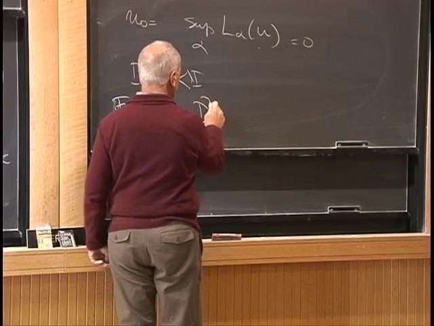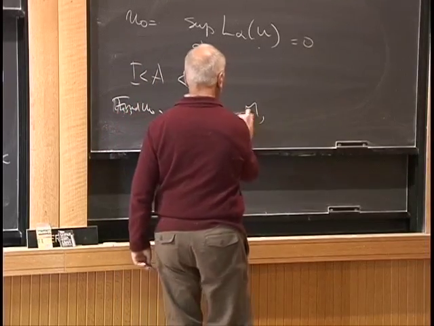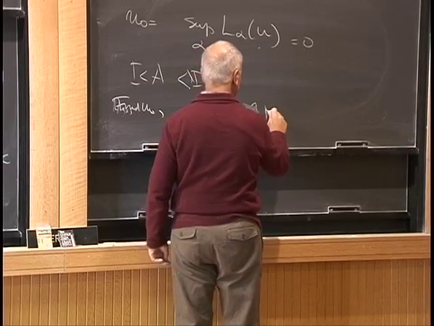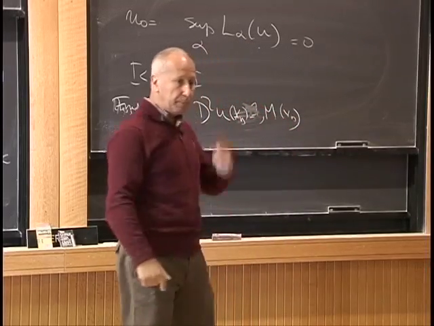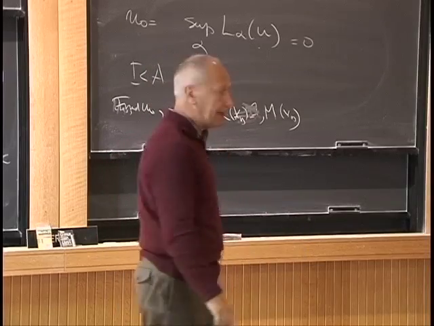Take the Hessian of u, which is a matrix at any given point, and separate the positive eigenvalues and the negative eigenvalues.